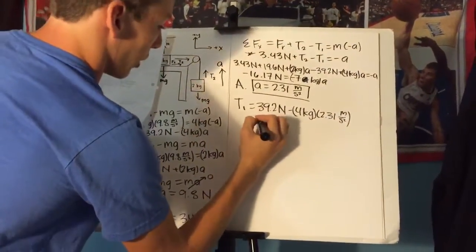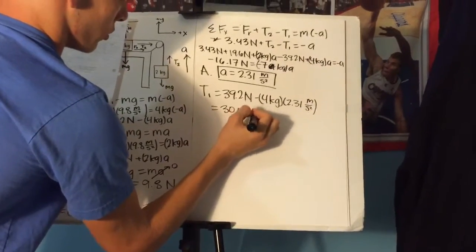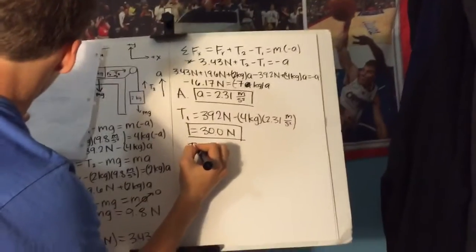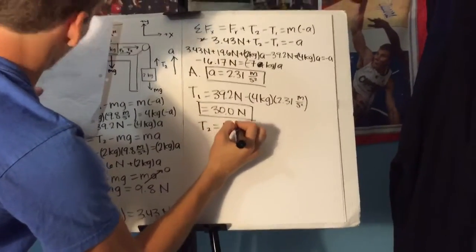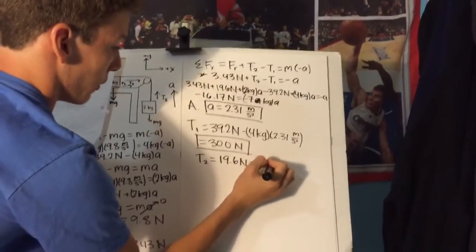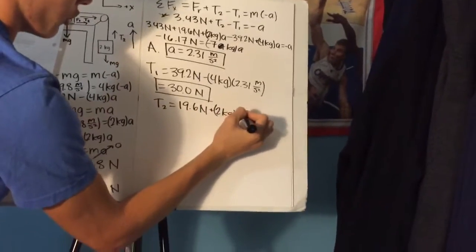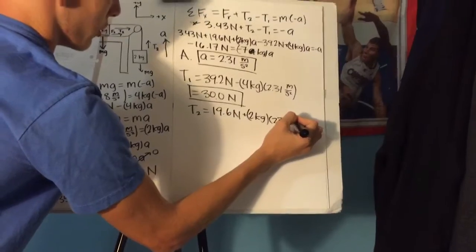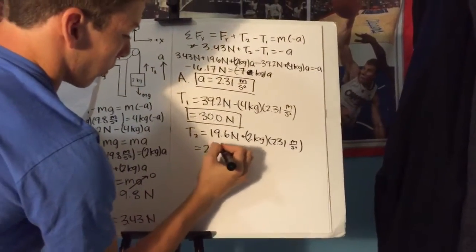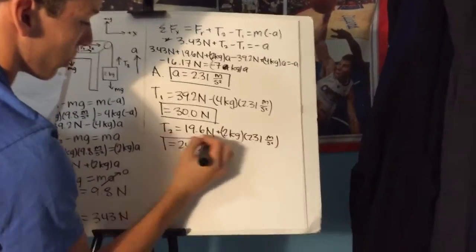And this is going to be about 30.0 newtons. And tension 2 is equal to 19.6 newtons plus 2 kilograms times the acceleration, 2.31 meters per second squared. It's going to equal 24.2 newtons.